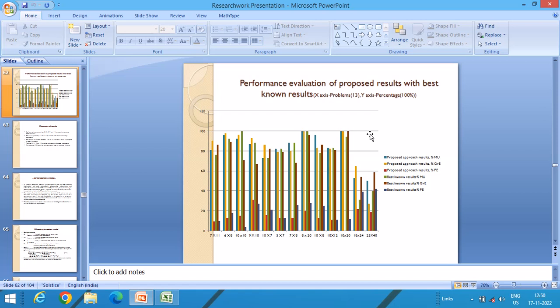For small and medium size problems, the performance values are more than the expected values, as well as compared to the best known values. So this proposed model is able to give good results. And for the larger size problems also, this proposed algorithm is able to give more than the average performance compared to the best known values.